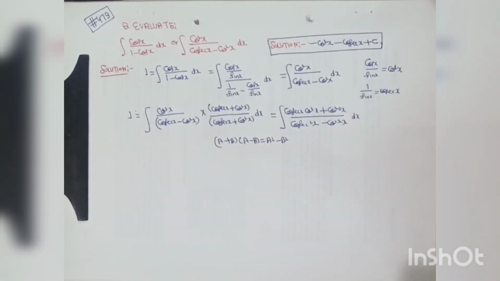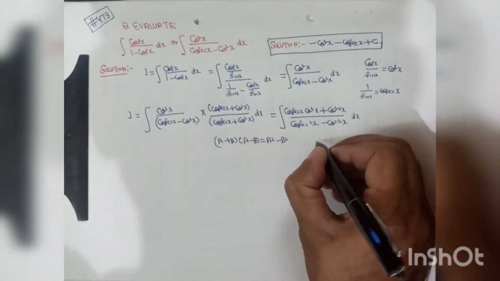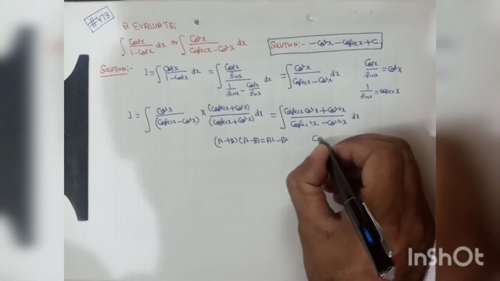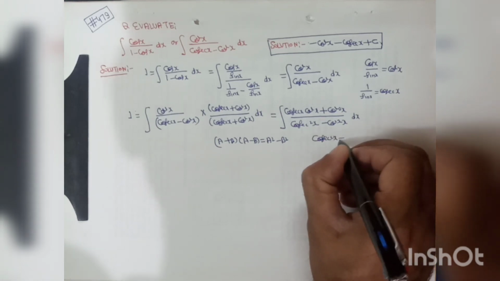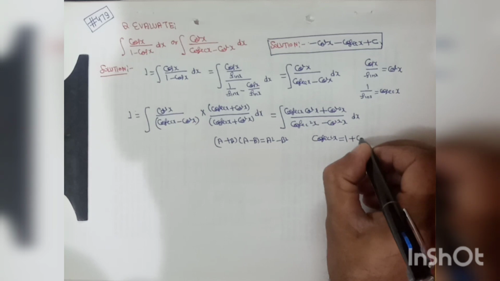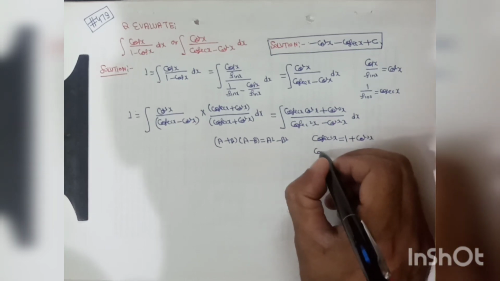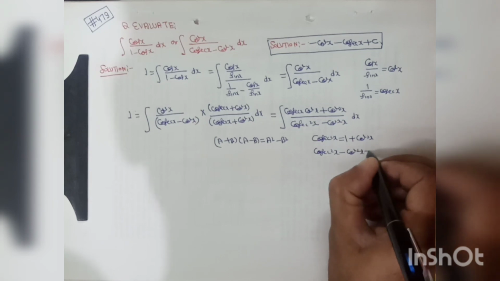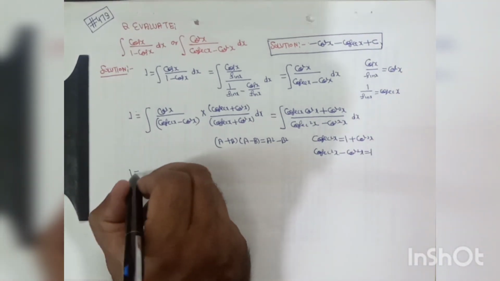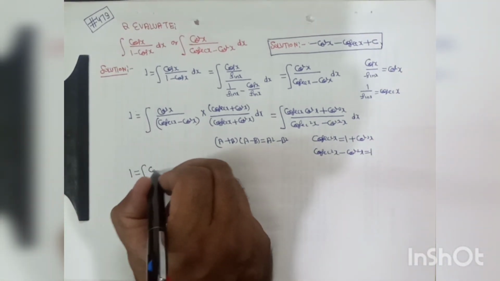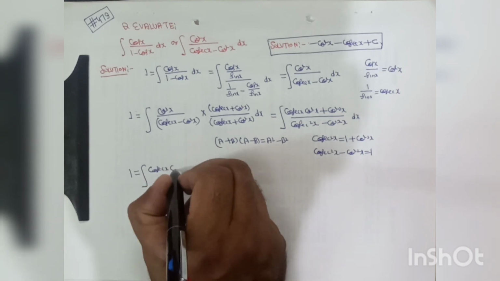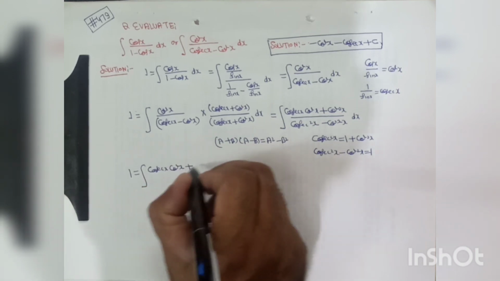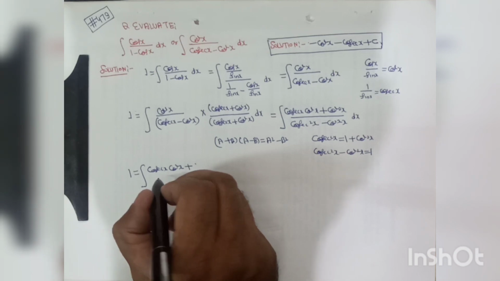Now we know cosec square x is equal to 1 plus cot square x. So cosec square x minus cot square x may be written as 1. So the given integration may be written as integration of cosec x cot x plus cot square x.